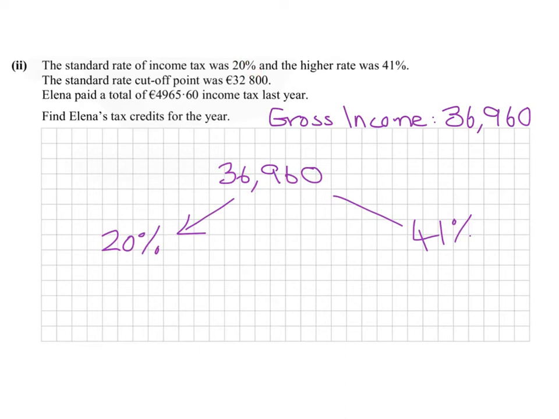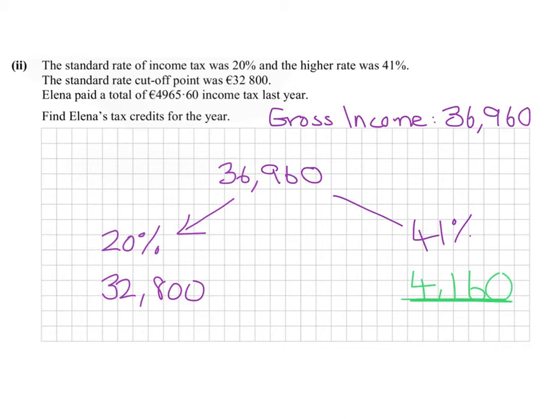So we're getting 20% of 32,800. We also need to work out what we're getting 41% of. Now, 32,800 and this number over here have to add up to give us 36,960. So we want to take that away from that amount, which will leave us with 4,160.